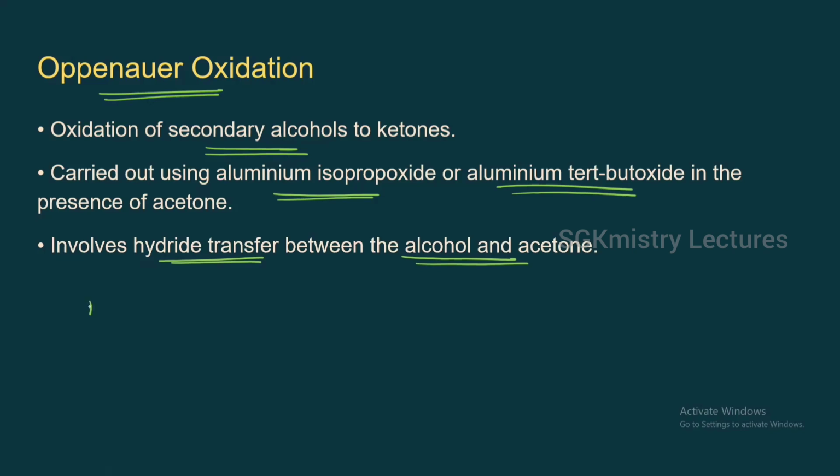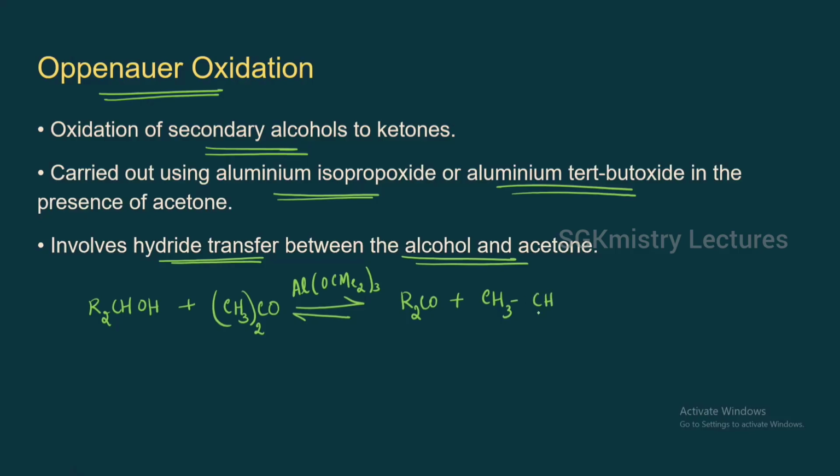So let us take the secondary alcohol here. R2CHOH, that is secondary alcohol, in the presence of ketone, that is (CH3)2C=O, in the presence of aluminium isopropoxide, we are going to get the ketone because the secondary alcohol will be oxidized to ketone. And then here the acetone will be reduced to the alcohol, (CH3)2CHOH, right?